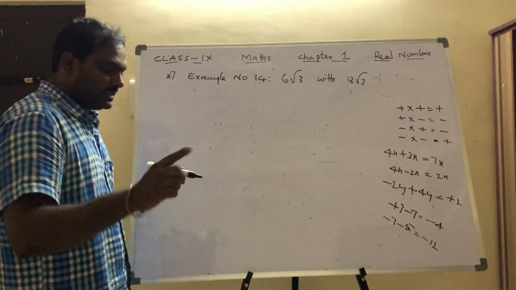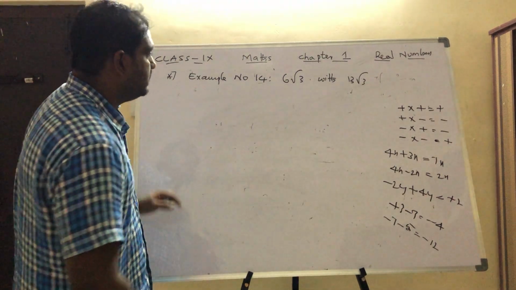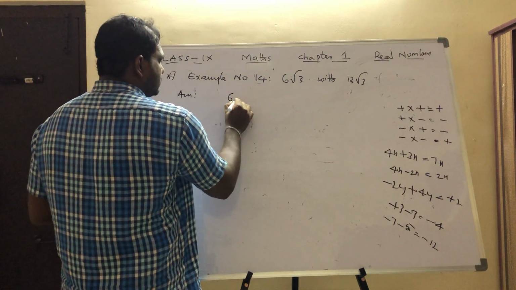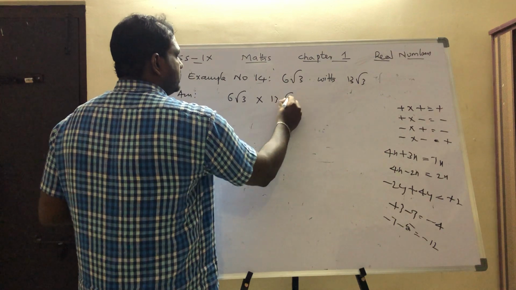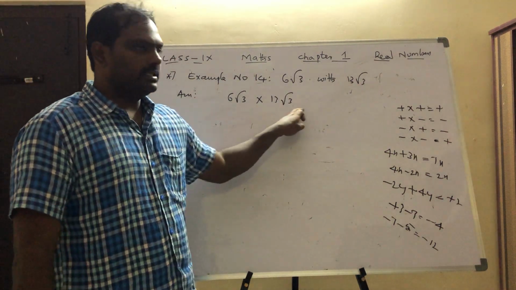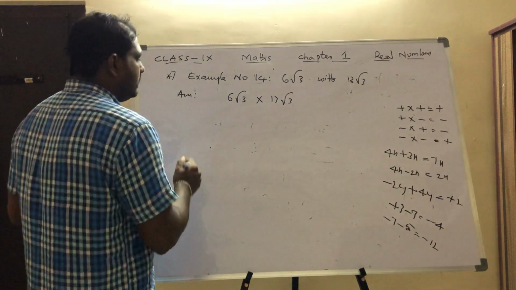Now, in the previous case, we have done subtraction. In this case, multiplication. So the expression is 6 root 3 into 13 root 3. Okay. So whenever you get something like this, how to proceed? It's very simple.